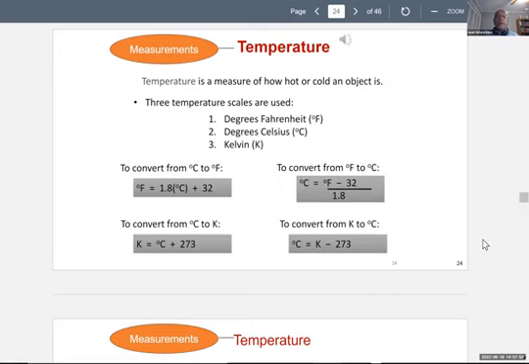Now about if you do a numerical calculation, 1.8 and 32 or 273 are all exact numbers. Why? They are coming out of definition. Therefore, you only consider the significant figure in the Celsius or Fahrenheit or Kelvin scale.